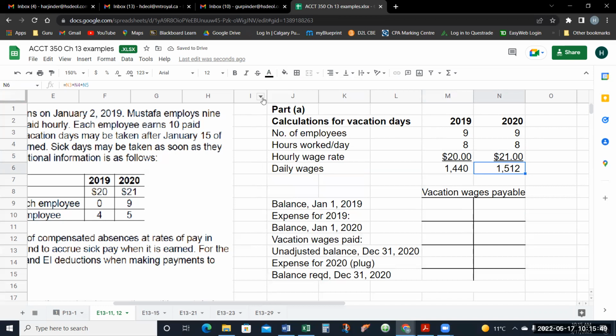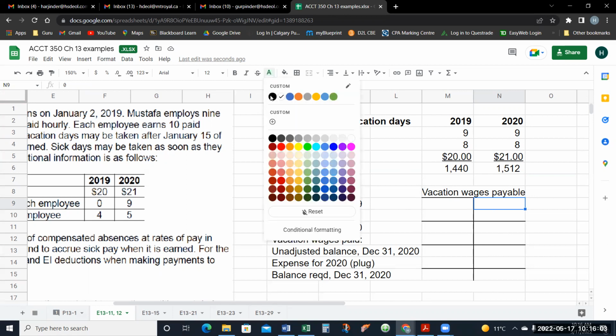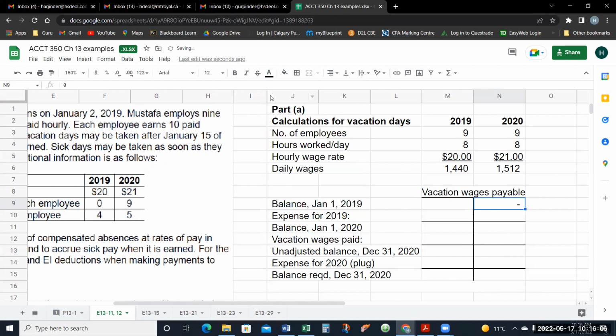Now, as far as the vacation wages payable liability is concerned, the company only started on Jan 2nd, 2019. So as far as the start of the year is concerned, there would not be any liability. For the year 2019, because the employees have worked, each employee earns 10 paid vacation days.